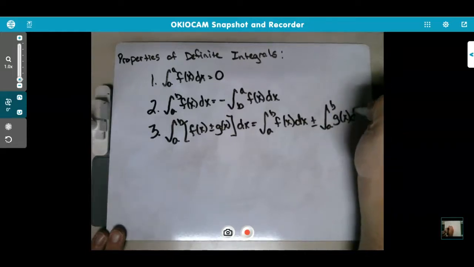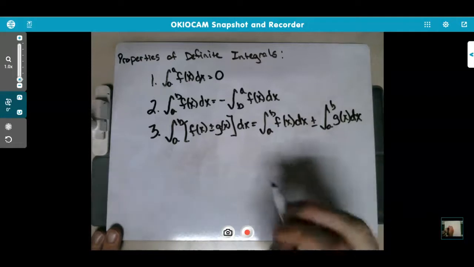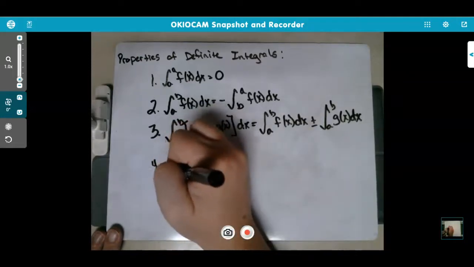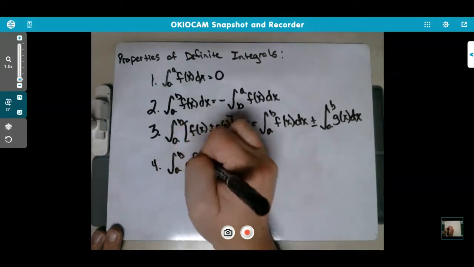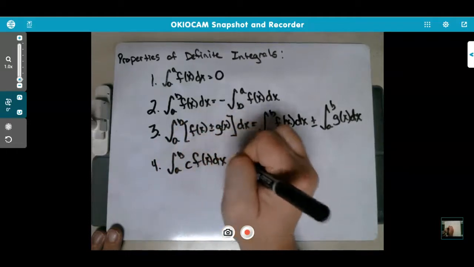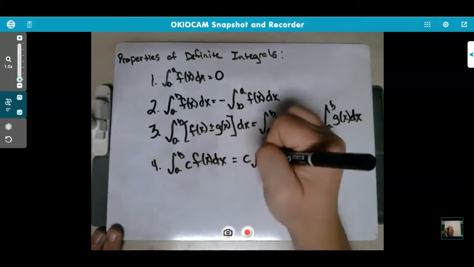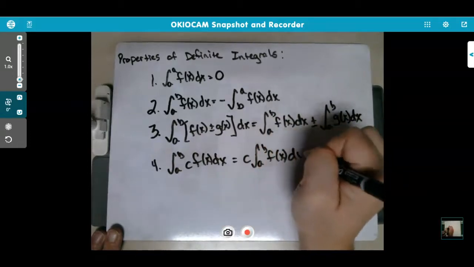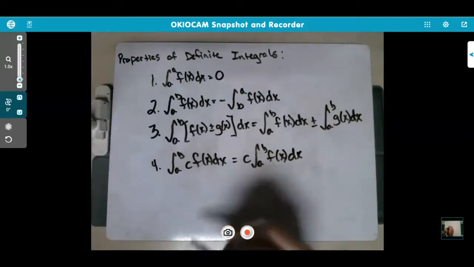Again, I can just split them up. Another rule, this is a rule we have seen a bunch and are going to see a bunch more times. If I have a constant, I can just bring that constant out to the front.